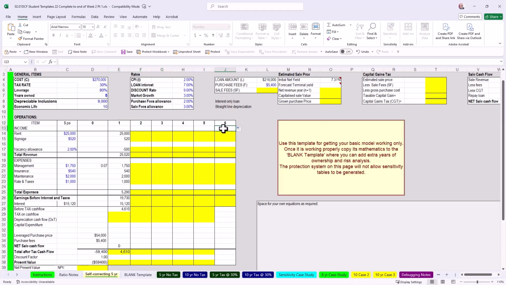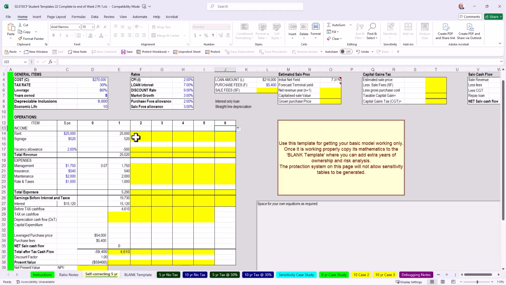I'm calculating the year 6 values because it's necessary when it comes to forecasting the estimated sale price at the end of the sale period. Remember, all DCF must have a notional sale at least, even if you don't intend to really sell it, so that you can capture, if you like, the notional future costs and benefits off into the future.